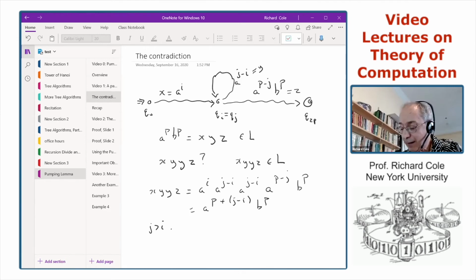But that means that in fact, xyyz is not in the language L, because the language L consists of those strings with equal numbers of A's and B's, with the B's following the A's. So we've managed to deduce that this string is in the language L, and also that it isn't in the language L. That's a contradiction.